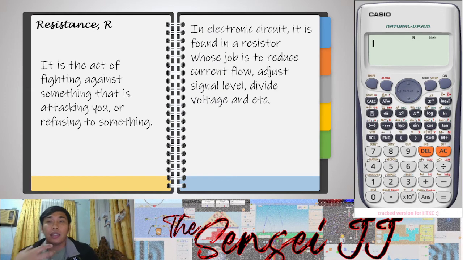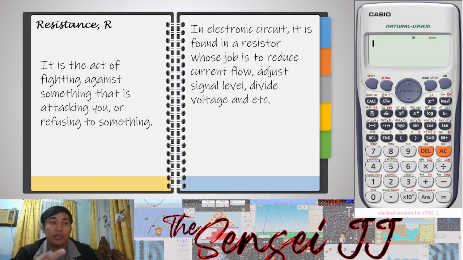Okay, so in an electronic circuit it is found in a resistor, whose job is to reduce current flow, adjust signal level, divide voltage, and so on. So these are the primary goals and primary job of the resistor: to resist current flow, adjust signals, and so on.